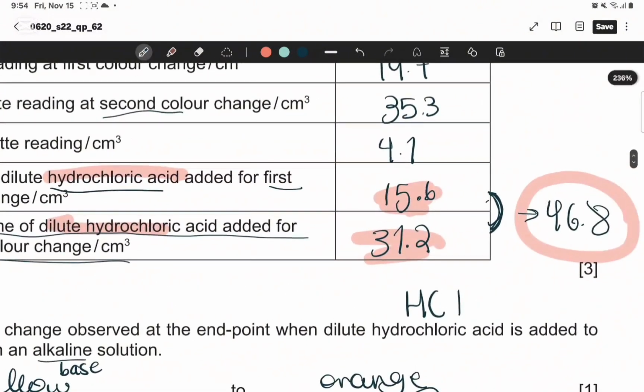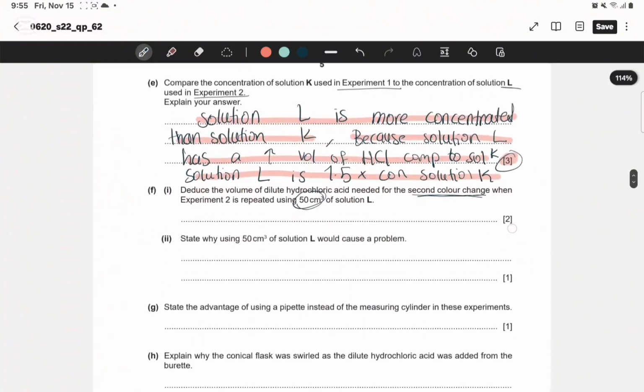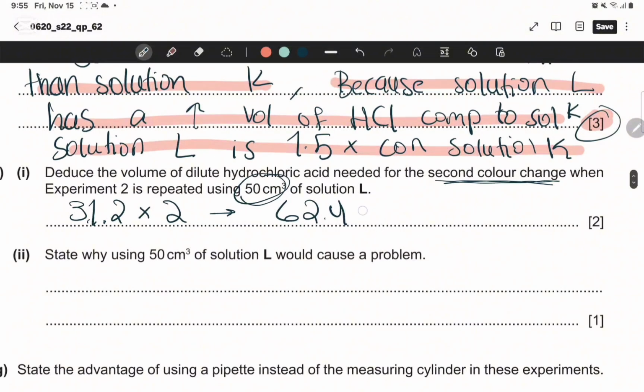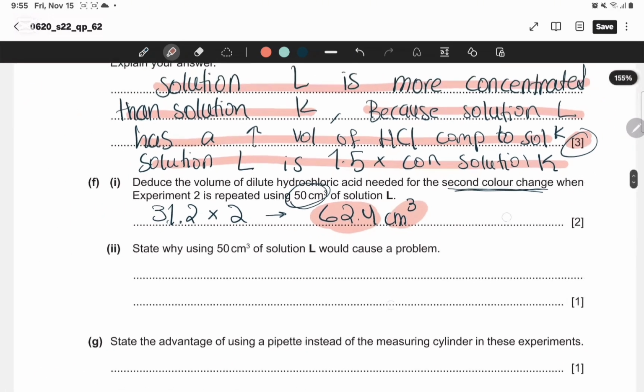We're gonna double it. So 31.2 times 2, we're gonna get 62.4. And then don't forget the unit centimeters cubed. 1 mark for the number and 1 mark for the unit.